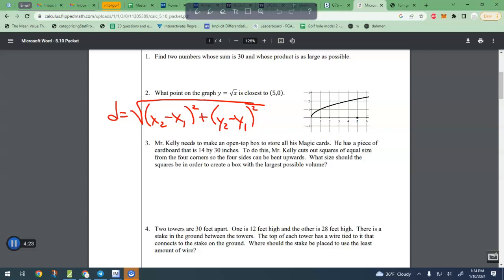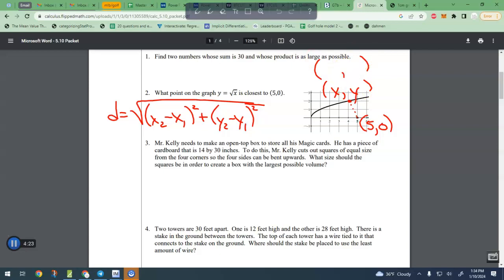But that's got two variables in it. And I didn't even use my (5, 0) yet. Well, (5, 0) is fine. That's not going to cause a problem with two variables because those are just numbers. The point that is closest, whatever it is around there, I can call that (x, y).